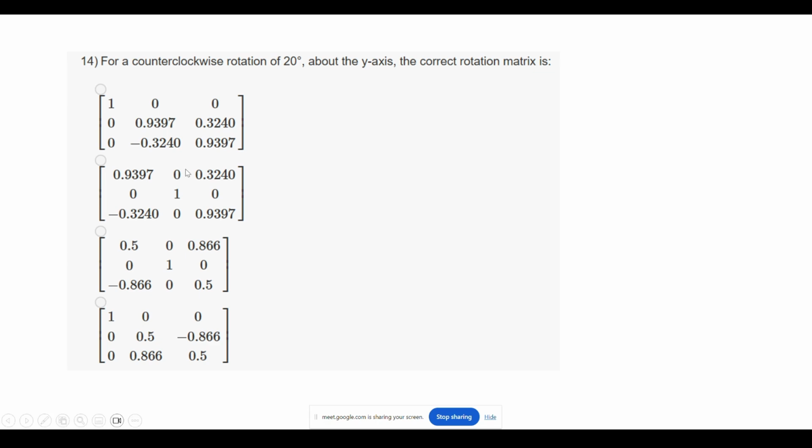So this should be cos 20, sin 20, minus sin 20, and cos 20. Cos 20 degrees is 0.9397 using a calculator, and sin 20 degrees is 0.342. So the answer is B.